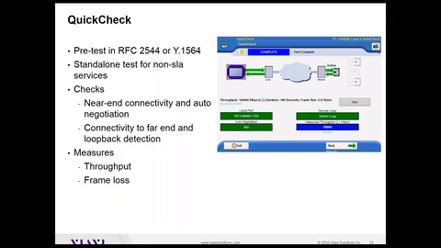And then we try to identify what type of loopback we may have, whether it's another test set or test equipment, whether it's a permanent loop or whether it's a hard loop. And then it'll do a measurement for throughput and frame loss. So not all of the different KPIs that we had in 1564 or 2544, but a couple that might be important just to get a sense of how this particular circuit is working.